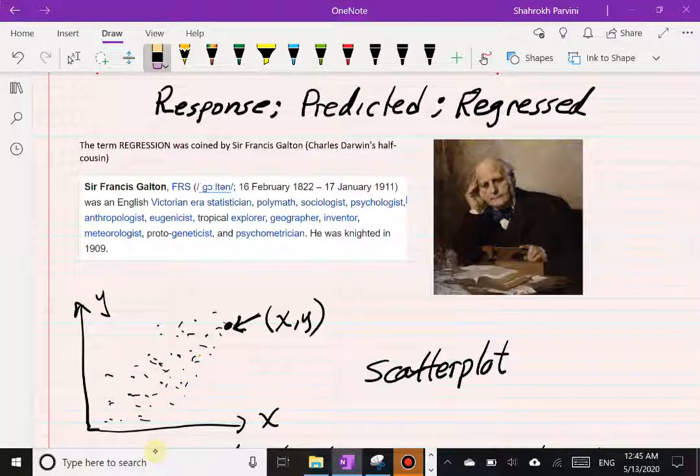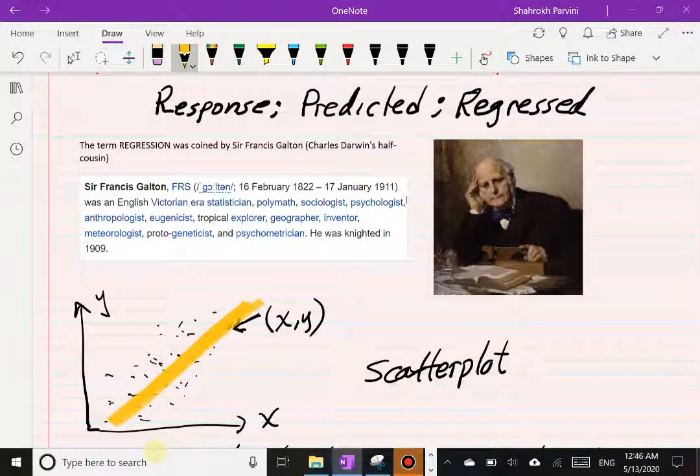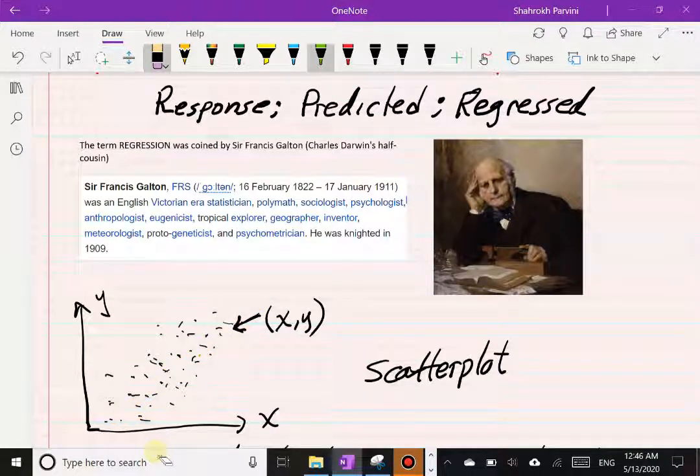The idea is to draw a line that gets as close as possible to all data points and goes through as many points as possible, so that the points scatter about it. Let's say this is my line. I know it's a thick line. That would be a good line, except it's too thick, so let me draw a thinner line.